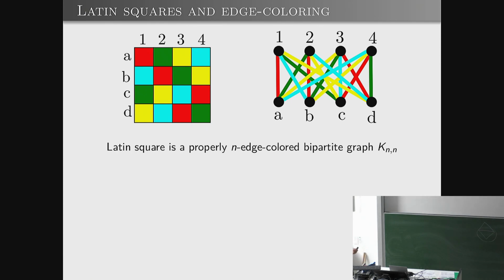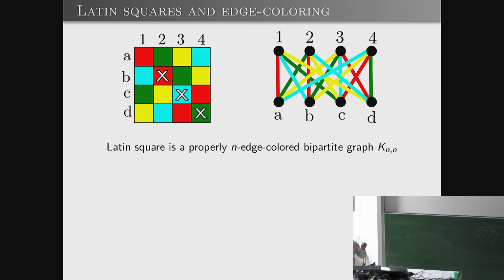And the thing to notice is that this coloring is proper, because at vertex A, I get this row and they're all distinct colors. At vertex 1, I get this column and they're all distinct colors. And now the important thing to note is that if you take a transversal, maybe not necessarily a full transversal, but just squares of different color in different rows and columns, what does it correspond to?